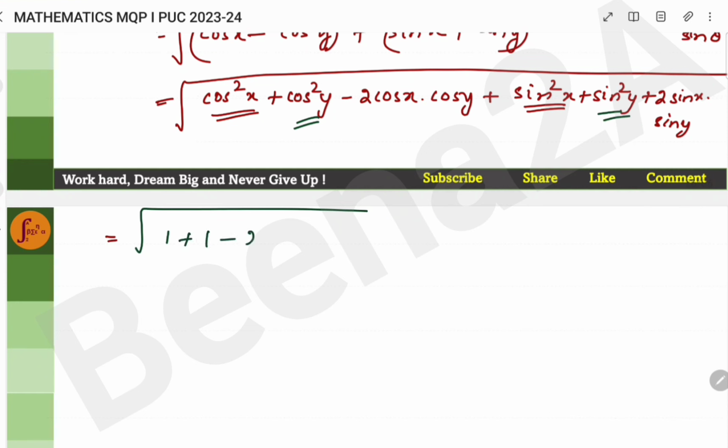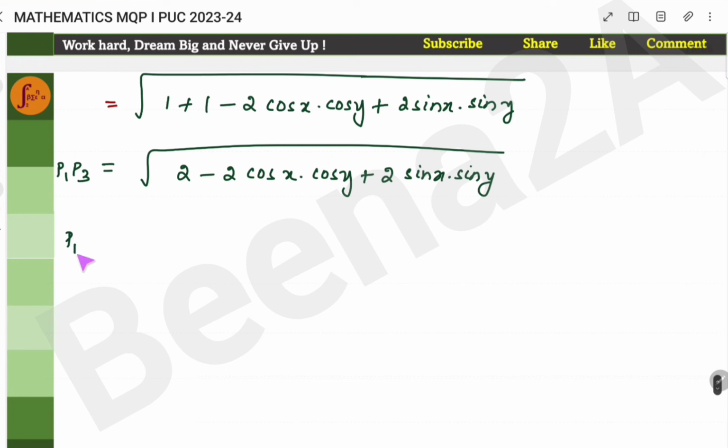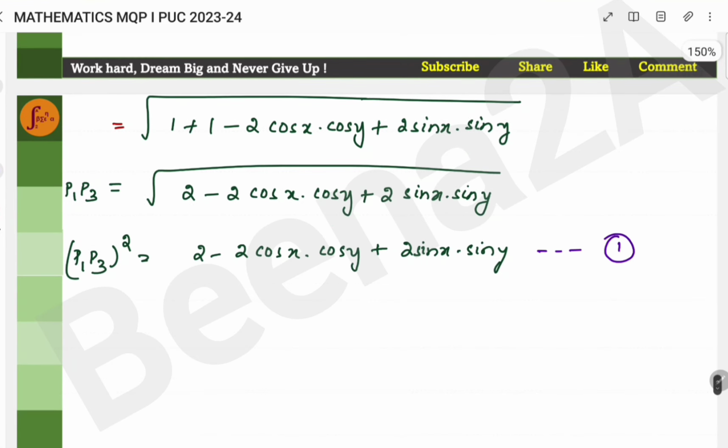Then we are left with 2 minus 2 cos x into cos y plus 2 sin x into sin y. I'll just eliminate the square root. So I'll say P1, P3 the whole square is equal to 2 minus 2 cos x into cos y plus 2 sin x into sin y.